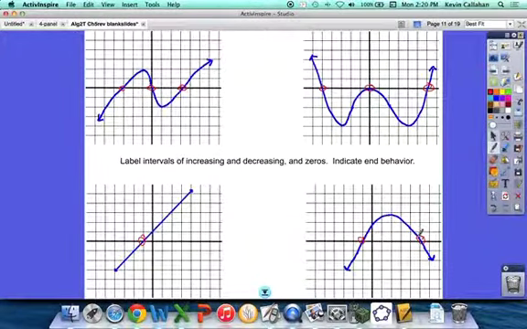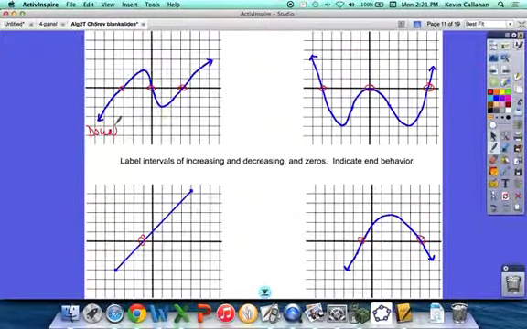Do you remember what we meant by the end behavior of a graph? Where? At the ends, right? It means what's the graph doing as you go towards x equals negative infinity or x equals positive infinity? This one, what's it doing as x goes towards negative infinity? It's going down, right?